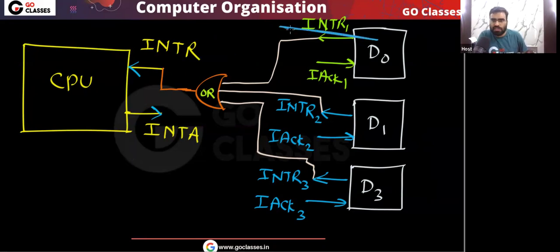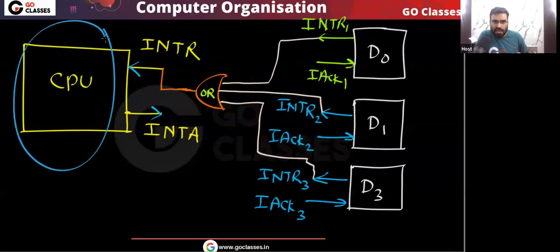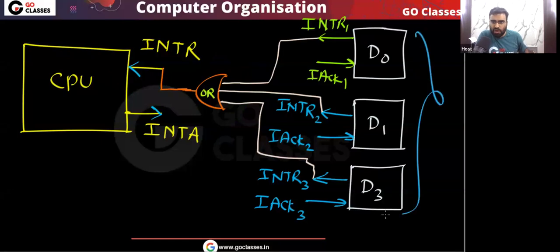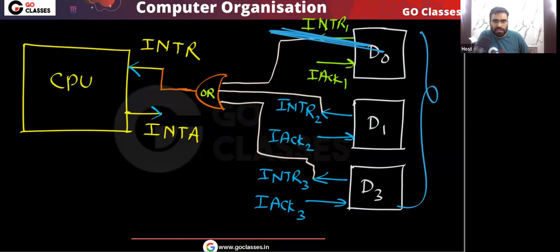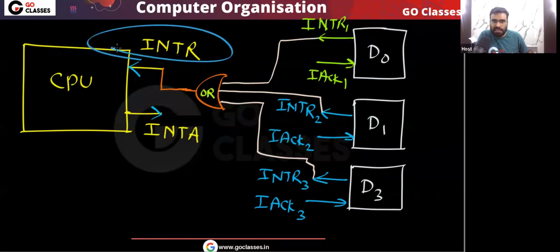All these interrupt request pins of the IO devices are feeding into the OR gate, and this is connected to the INTR pin of the CPU. If any of them is asking for an interrupt request, then this INTR pin will become one, because this is an OR gate.